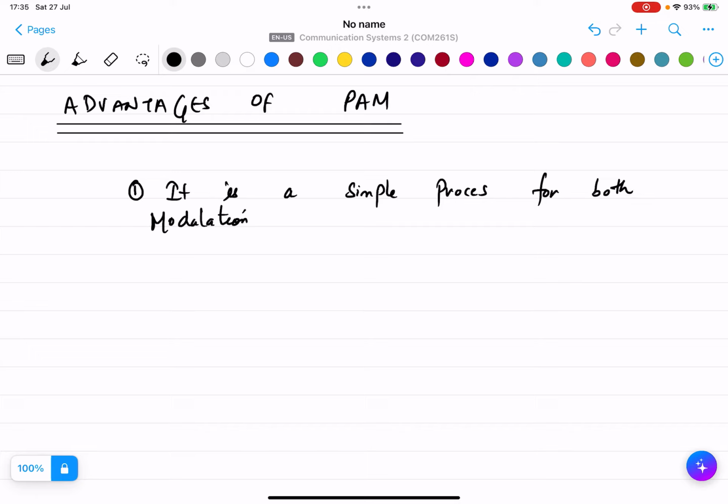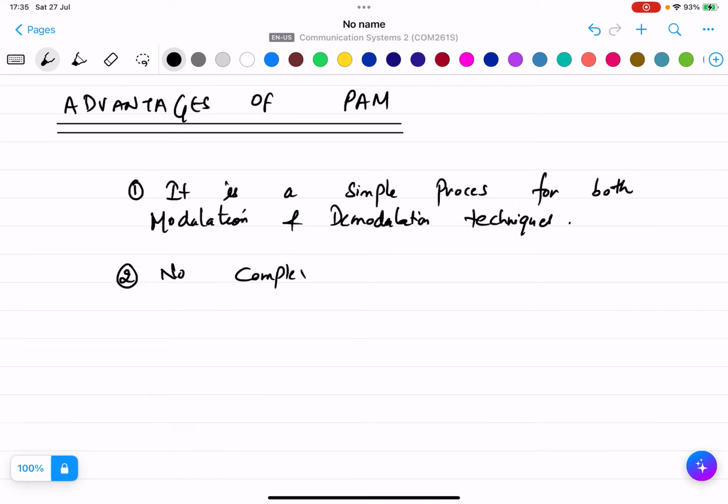Very simple process because it requires only a few blocks. Second, no complex circuitry is required for both transmission and reception.